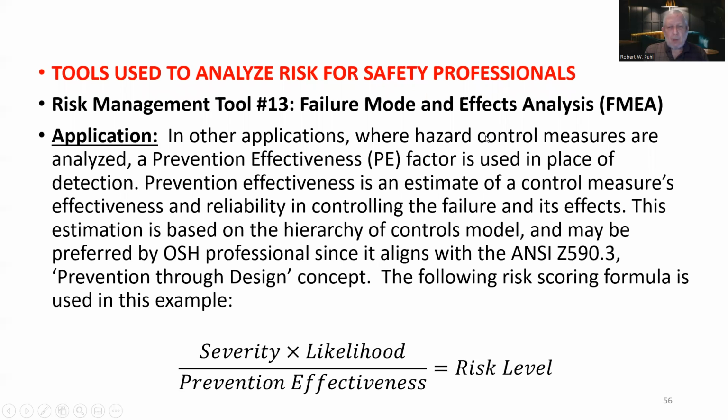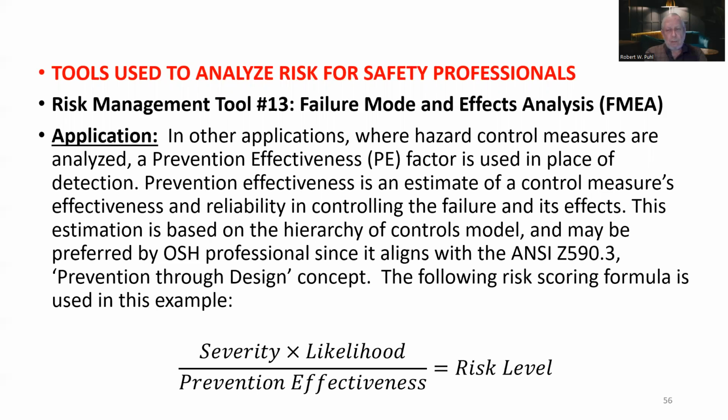In other applications where hazard control measures are analyzed, a prevention effectiveness factor is used in place of detection. Prevention effectiveness is an estimate of a control measure's effectiveness and reliability in controlling the failure and its effects. This estimation is based on the hierarchy of controls model and may be preferred by OSH Professional since it aligns with ANSI Z590.3, prevention through design concept.